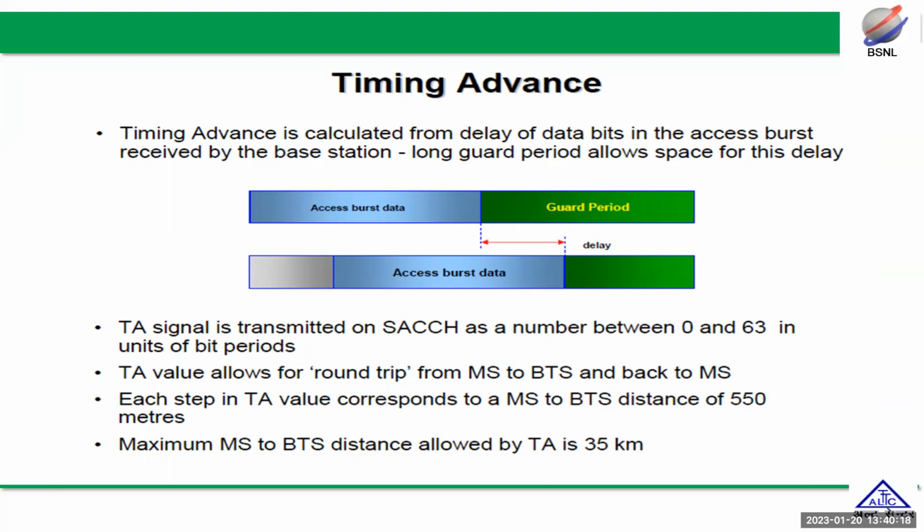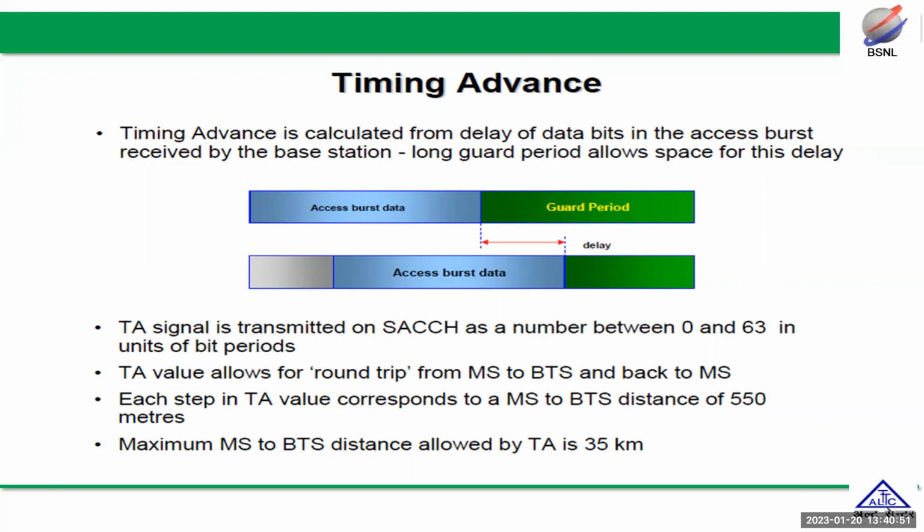Timing advance is always transmitted on the SACCH as a number between 0 and 63 in units of bit periods. The TA value allows for the round trip from MS to BTS and back to MS. Each step in the timing advance value corresponds to an MS to BTS distance of 550 meters.